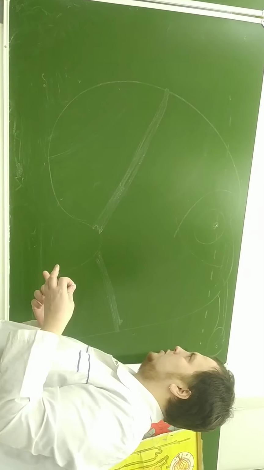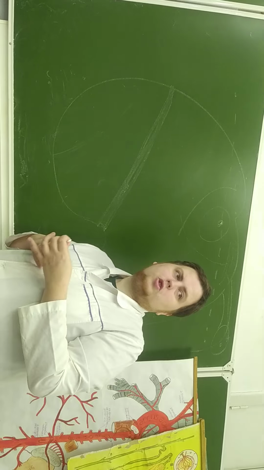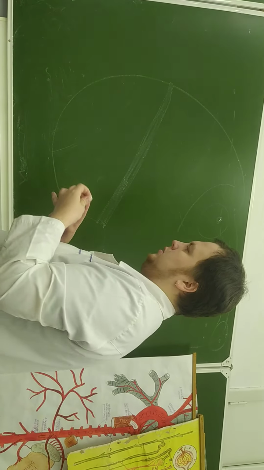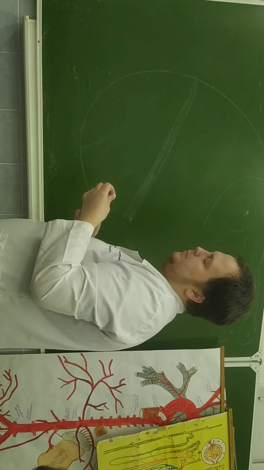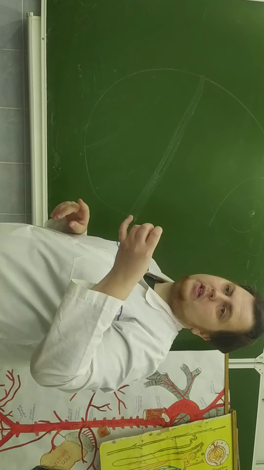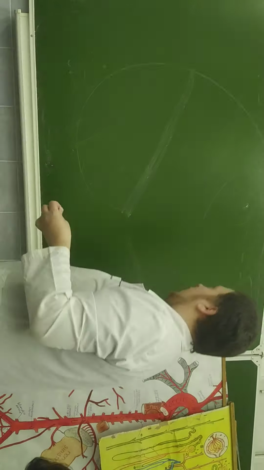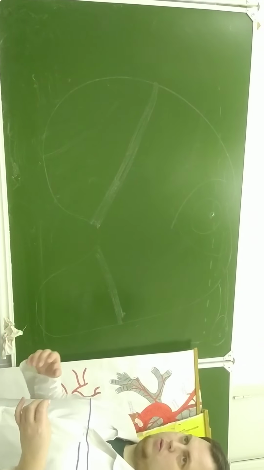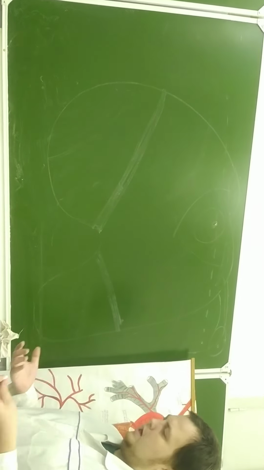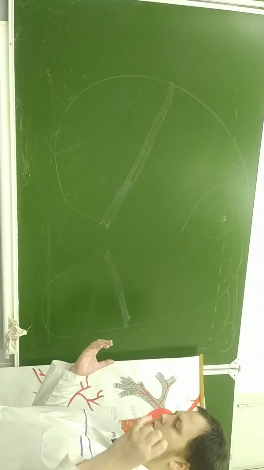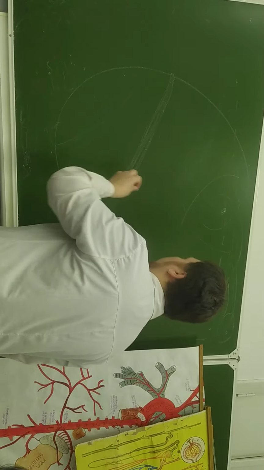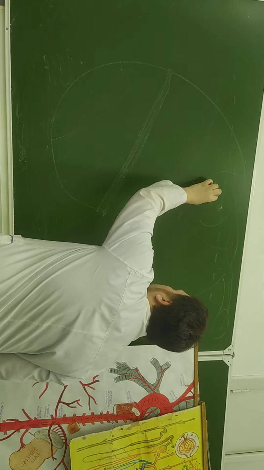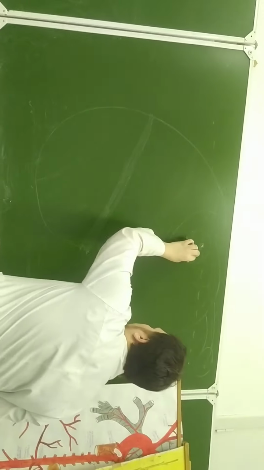It has somatic motor fibers, which innervate skeletal muscles, and it has parasympathetic fibers, which innervate smooth muscles. And to have different types of fibers, it has to have different types of nuclei. So more laterally, there are the main nuclei of the oculomotor nerve.